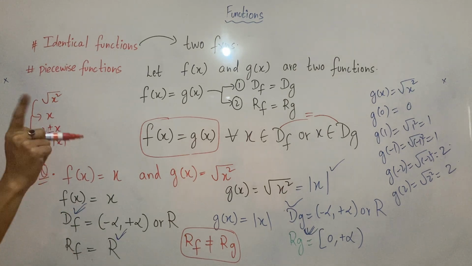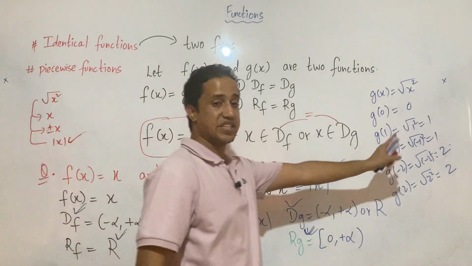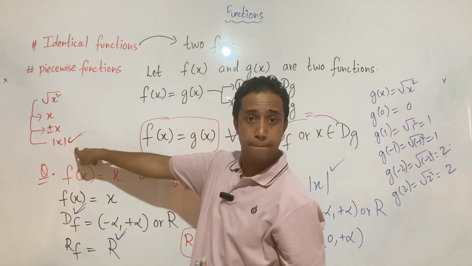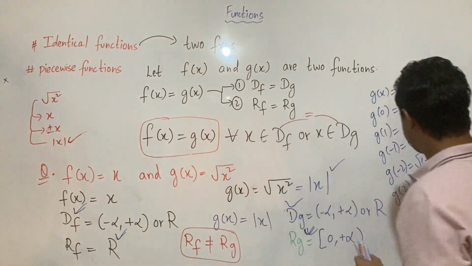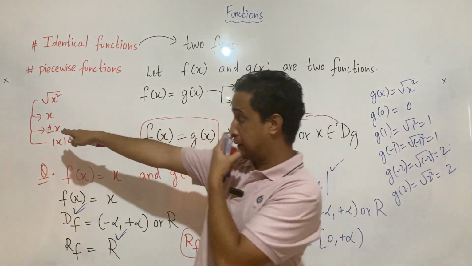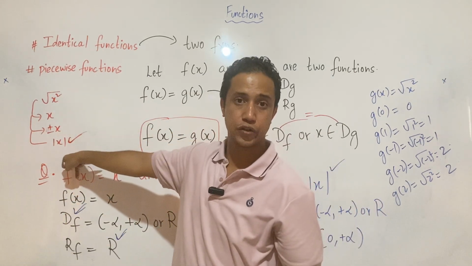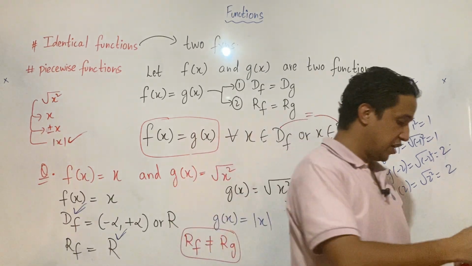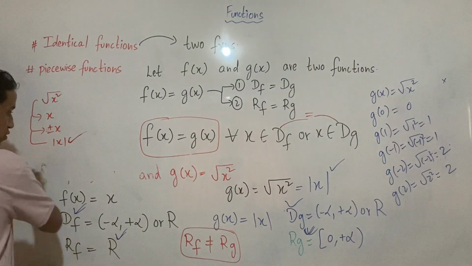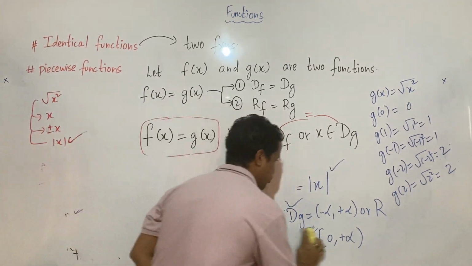So always go for mod x. Mod x is the right answer, because I have shown you it has to be positive. It cannot be plus minus, or just x. It has to be the absolute value function of x. Understand? So this is it. We'll see a few more interesting questions.